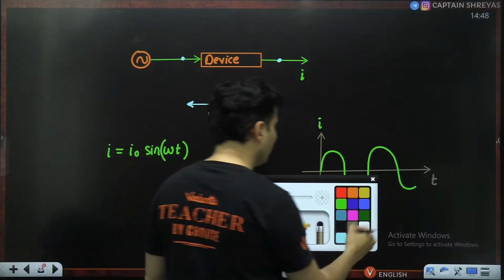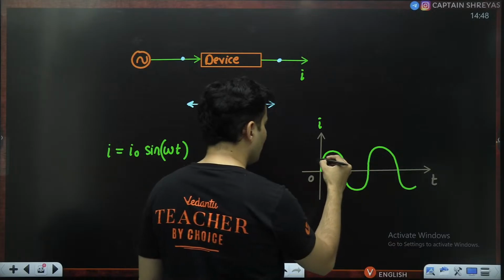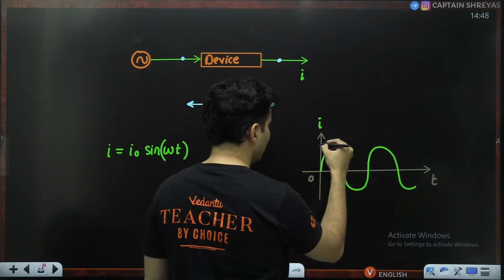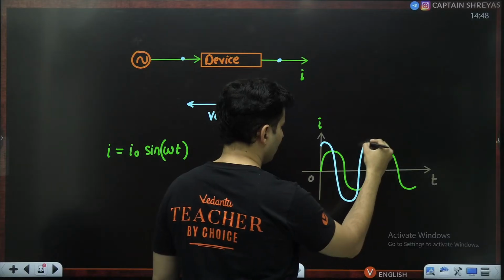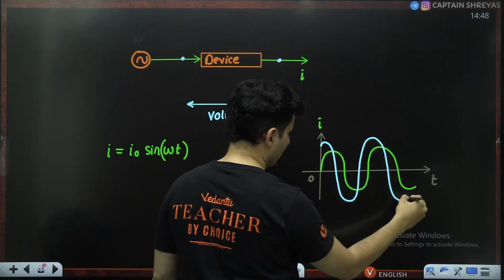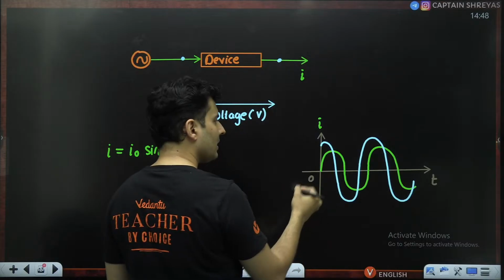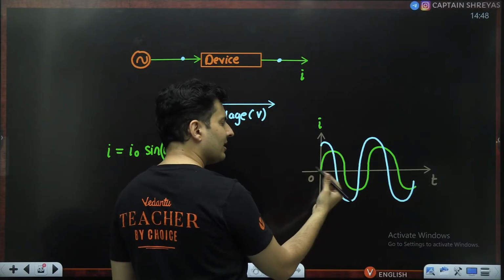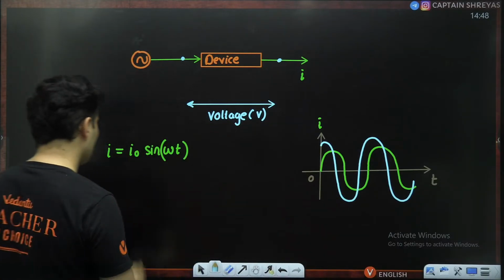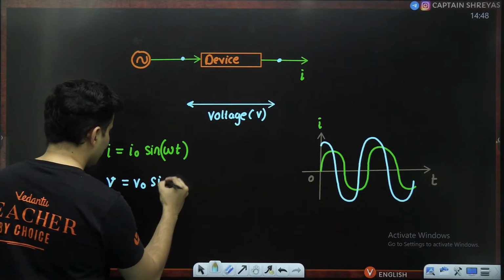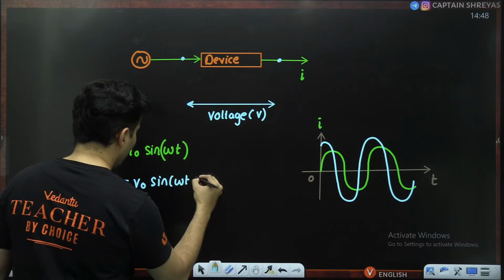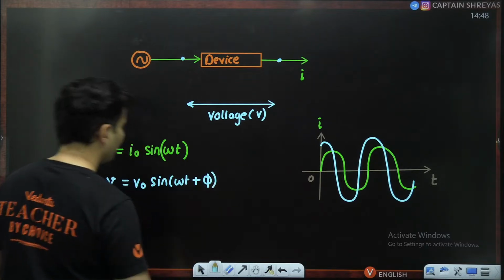But maybe the voltage graph may not be like that. Maybe it is going to be like this. It's not in sync. There is some kind of phase difference. So maybe that voltage will be V naught sine omega t plus phi.